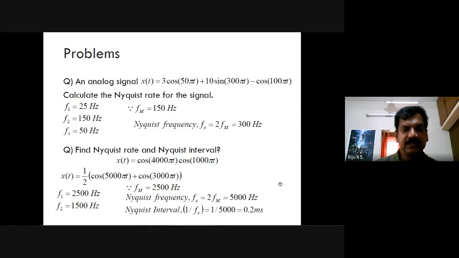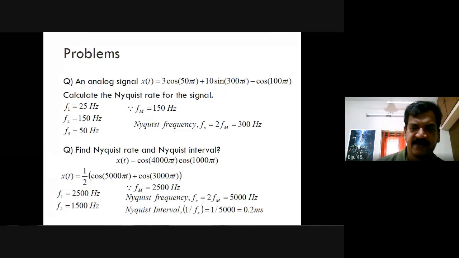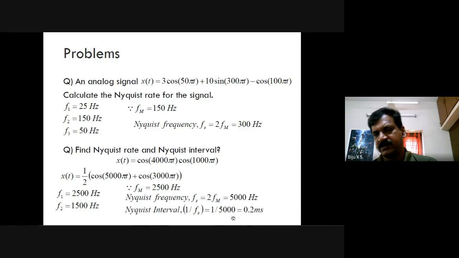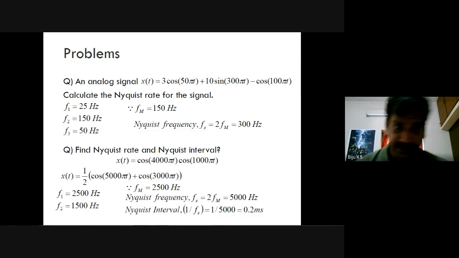And Nyquist interval means the sampling interval, 1 by fs, which is 1 by 5,000, equal to 0.2 milliseconds. So this is a problem you can expect regarding the Nyquist rate and Nyquist intervals.